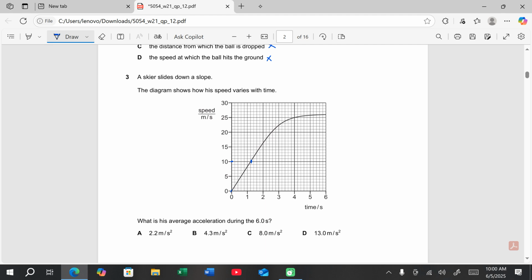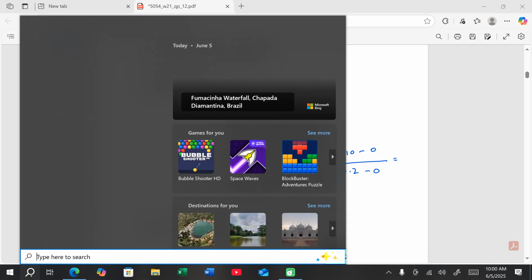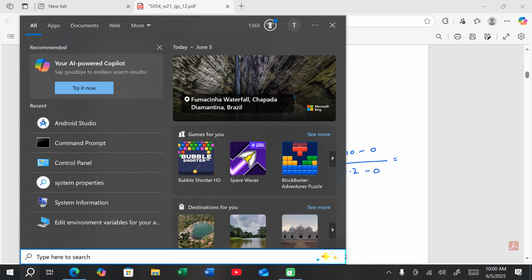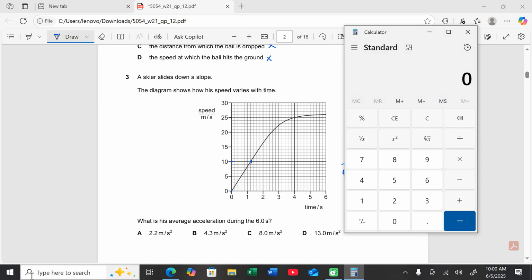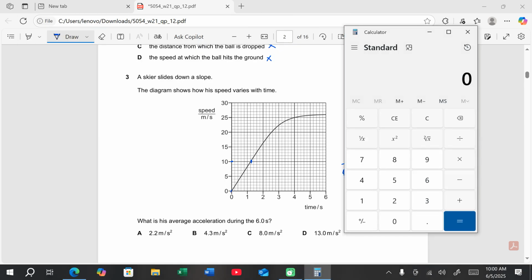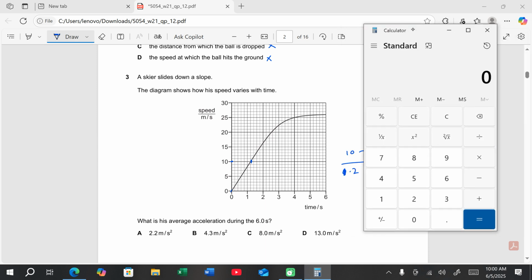So that will be 1.2 minus 0 at the numerator and 10 minus 0 at the denominator. When you solve this, let's check with the calculator. Just give me a second. So it is going to be 10 divided by 1.2, that is going to give you 8.3.